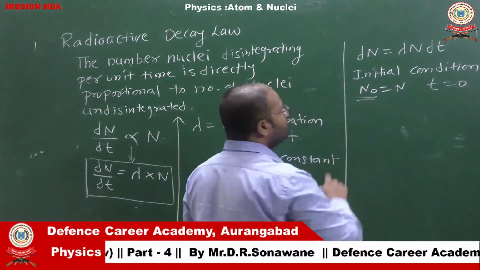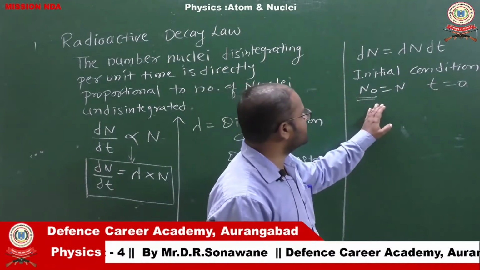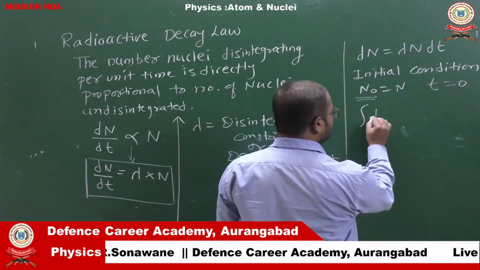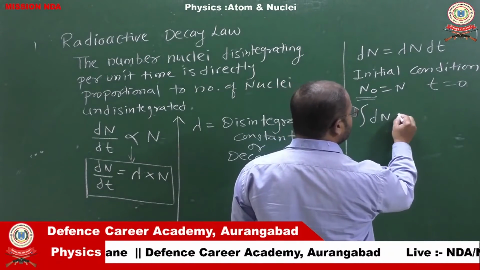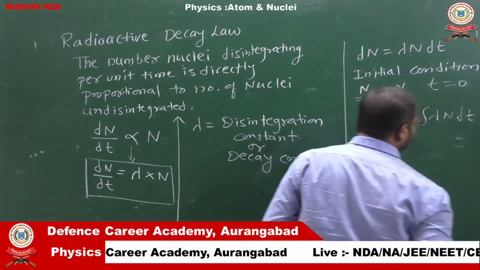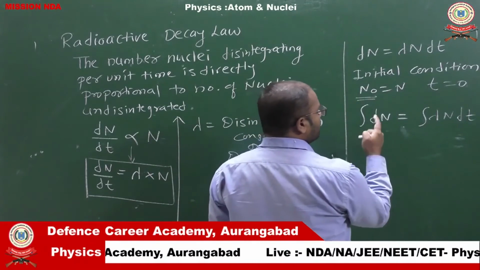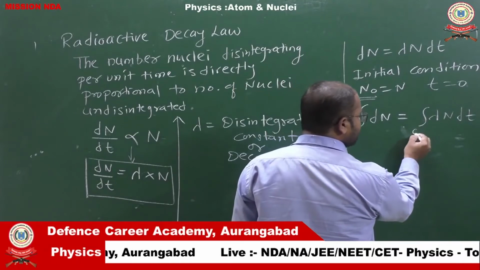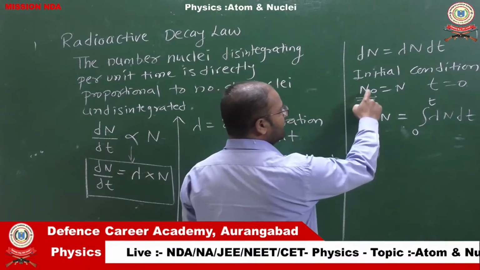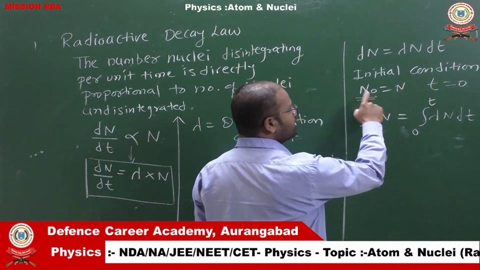If we consider these conditions, then we can write this equation as the integration of dN, integrating both sides, equals the integration of lambda N dt. So here is the condition: time starts from 0 and ends at t, right? And here we can write N equals N naught.